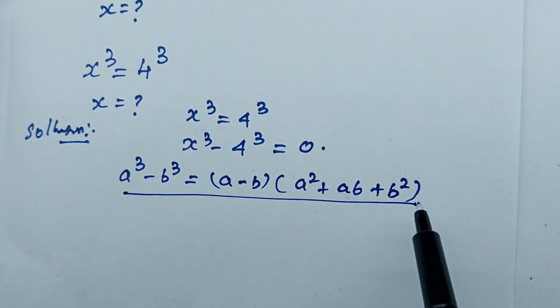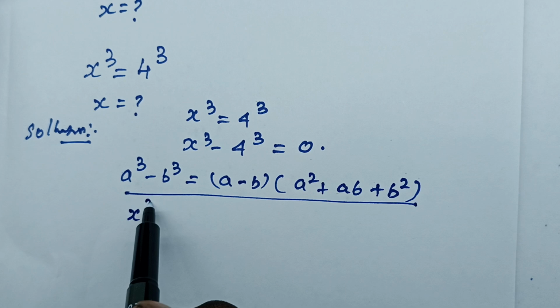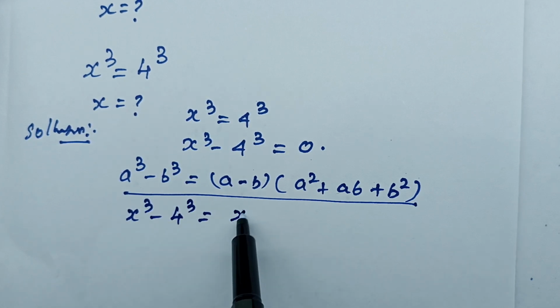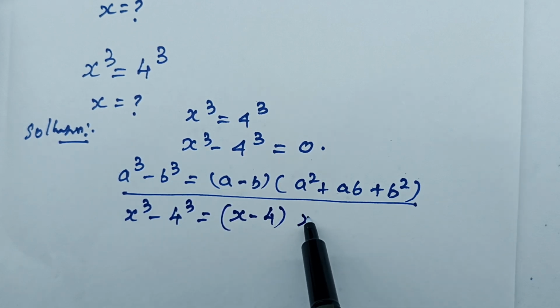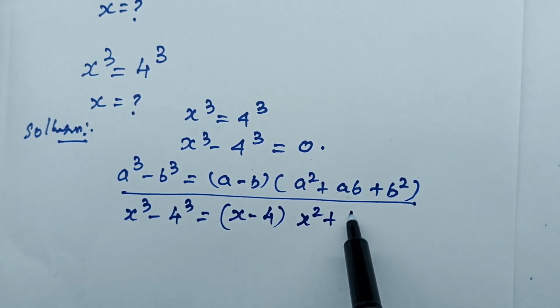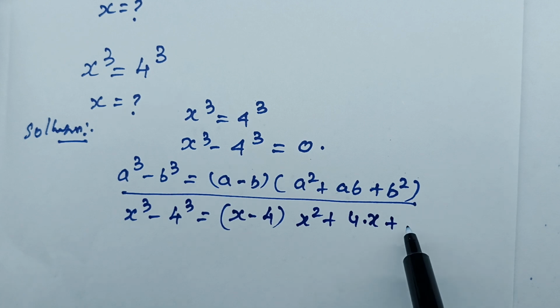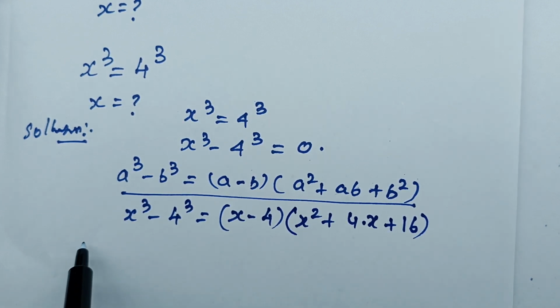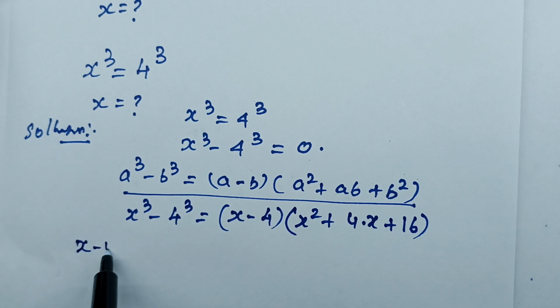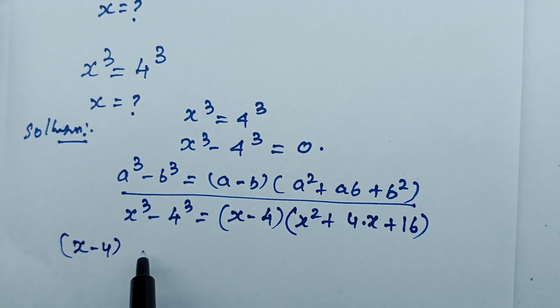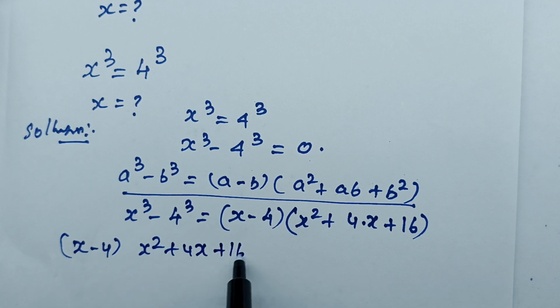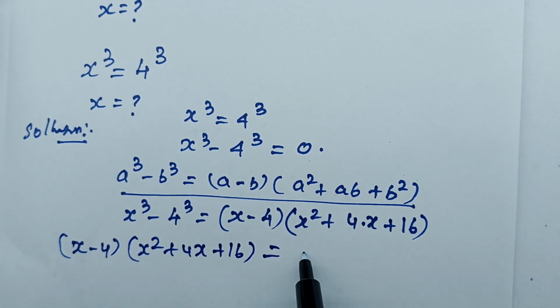So x power 3 minus 4 power 3 equal to (x minus 4)(x squared plus 4x plus 16). (x minus 4)(x squared plus 4x plus 16) equal to 0.